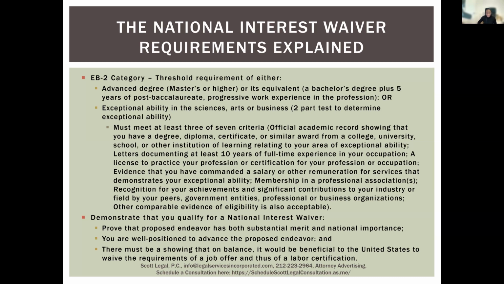This is not to be confused with extraordinary ability, which is the EB1 category. For example, let's say someone had a high school degree, but they could meet 3 of these other criteria, like membership in a particular field, 10 years of work experience, or a diploma in addition to the high school degree. Then they still may be able to qualify under EB2.